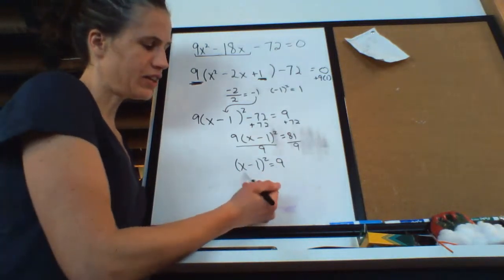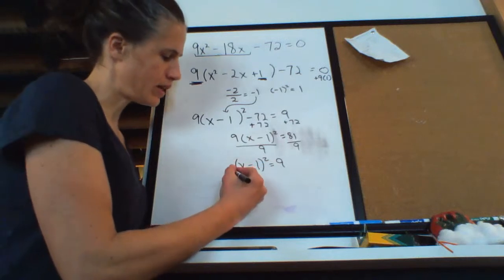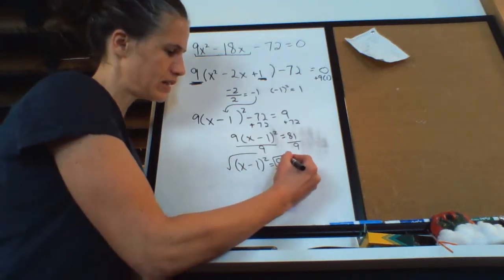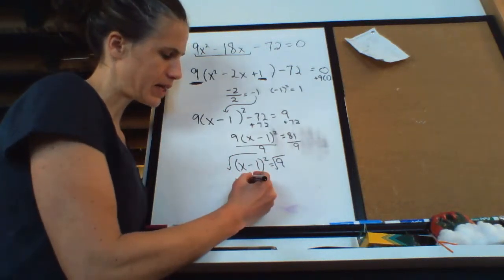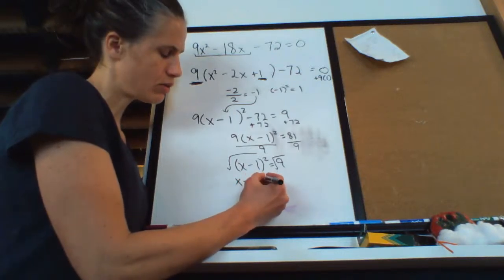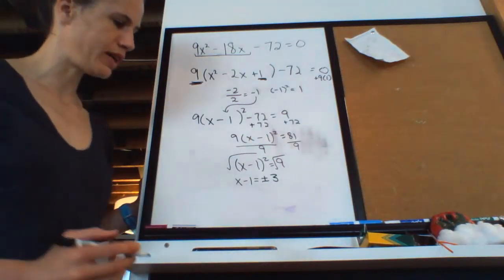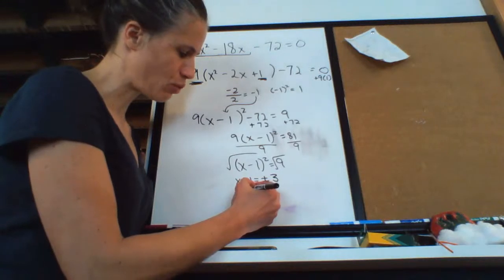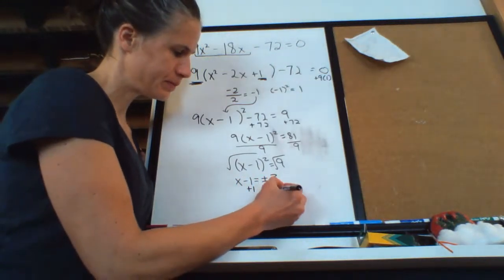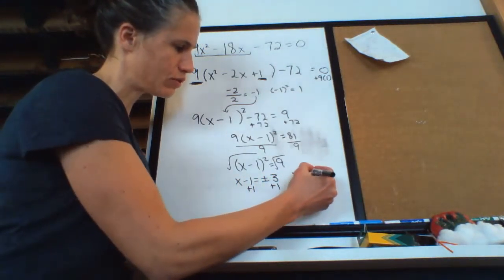Now we need to undo this squared. To undo it, we're going to square root both sides. So I get x minus 1 equals, remember we're going to get two things here, both positive and negative 3, because the square root of 9 is 3. I can add 1, and I get x equals 4.